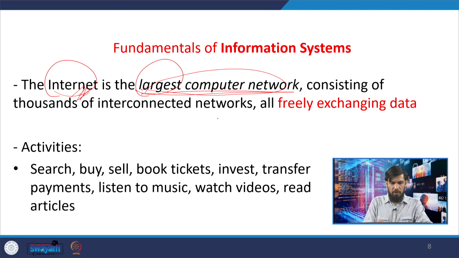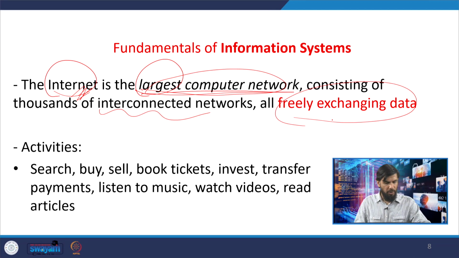So, all these devices are connected, interconnected, and free exchange of information is happening. Obviously, one has to pay for the data and connectivity, but in terms of one computer connecting to another computer, that exchange is happening freely. Now, what are the activities that are happening? We can see search. There are lots of search engines that we interact with, Google and Bing and many others.